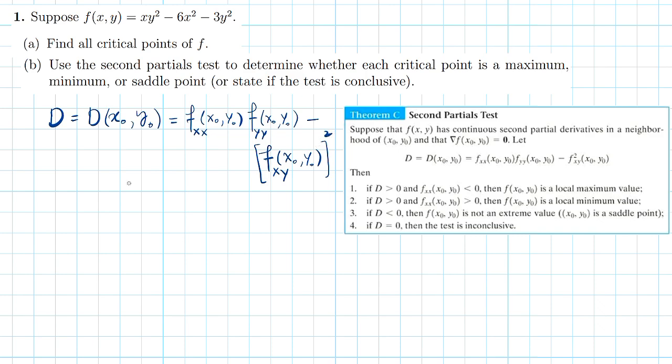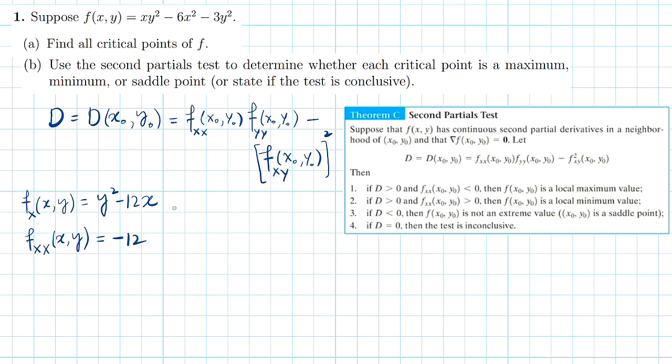Got it? So we have to find all these double derivatives of the function. The first derivative of the function with respect to x is basically y squared minus 12x, and when we take the second derivative of the function with respect to x, that is going to be negative 12.